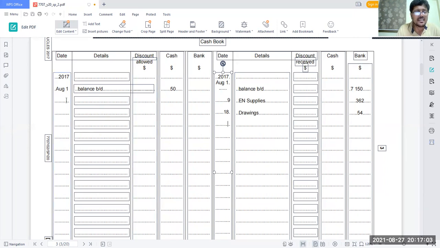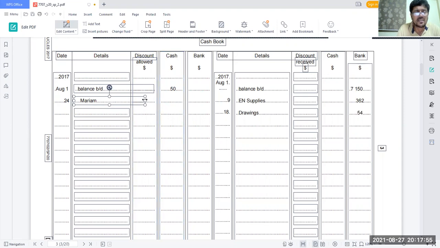Now, in this case, we are receiving a check on this date, and the date is 24. The name is Mariam. Okay, check.